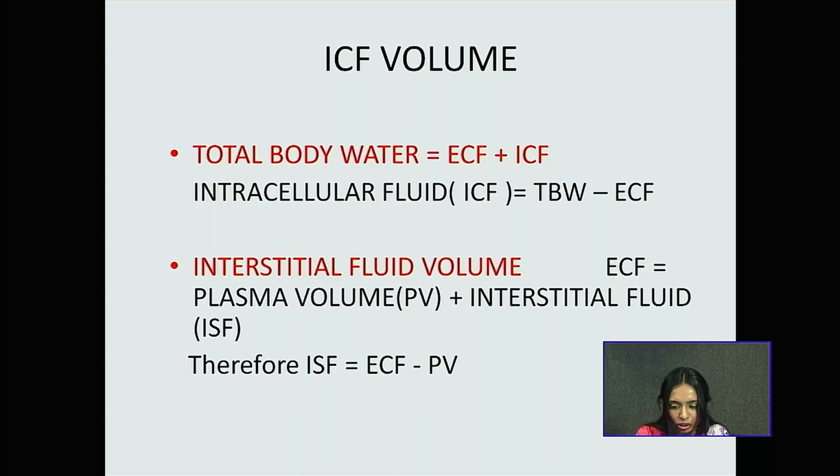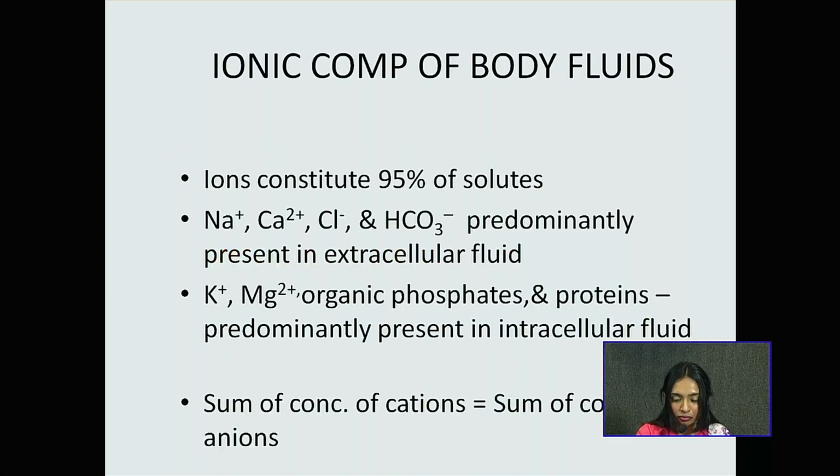It will be calculated like ISF equals ECF minus plasma volume. As we all know, ECF is comprised of plasma volume and interstitial fluid. So if we want to calculate interstitial fluid, we have to do ECF minus PV. That will give you the volume of ISF, that is interstitial fluid volume.